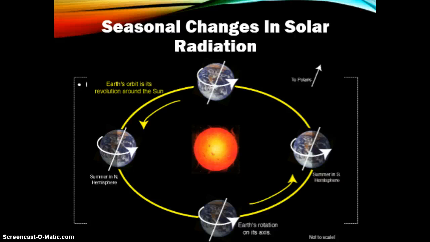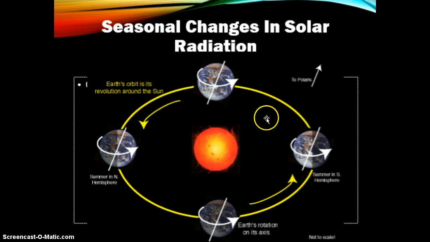There are also seasonal changes. So remember that Earth is not straight up and down. It's actually tilted on an axis, and Earth's axis is at a 23.5 degree tilt away from perpendicular, so perpendicular would be straight up and down. And because of that, as we go around the sun, different areas get more direct amounts of sunlight.